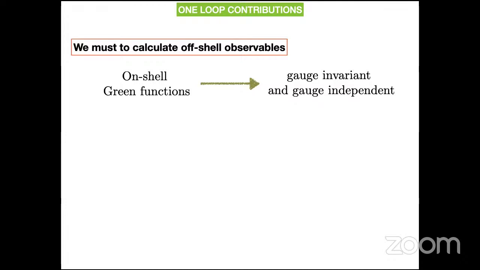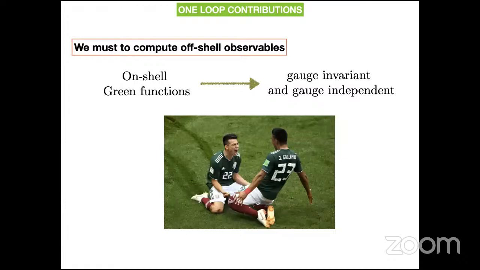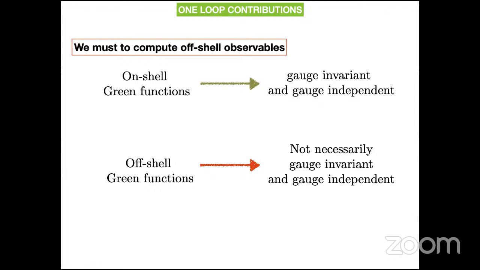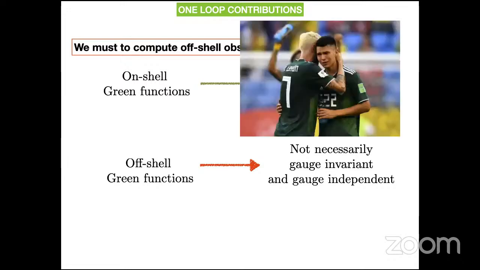These are really good news because we don't need to worry about gauge invariance. But the off-shell Green functions are not necessarily gauge invariant and gauge independent. So this is a problem because the calculation of this kind of anomalous coupling is not trivial.